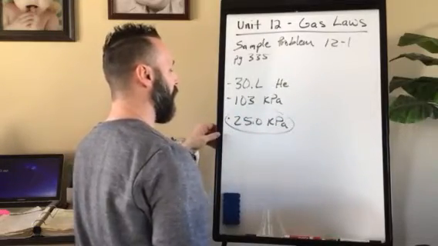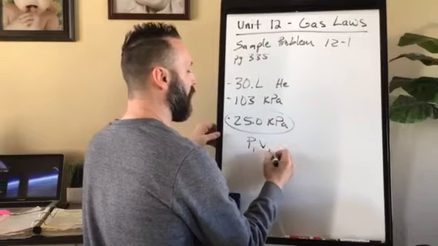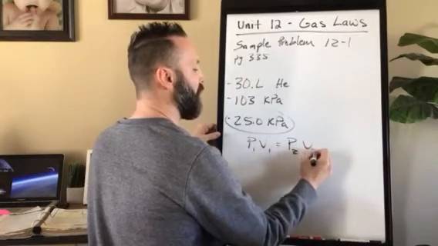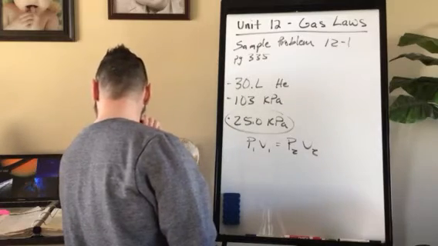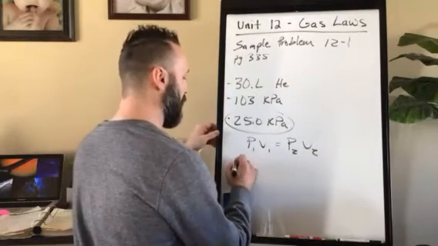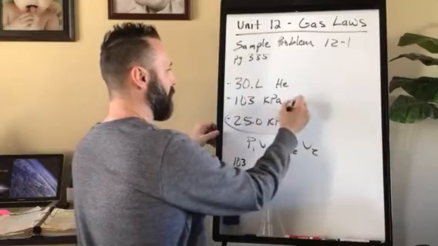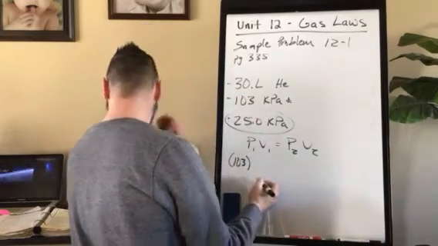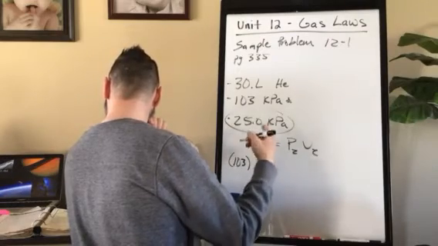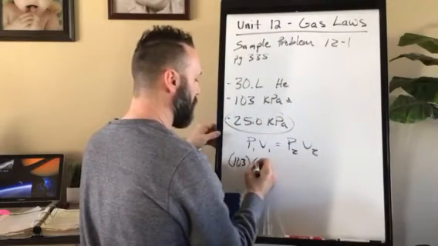Okay, so we start with P1 V1 equals P2 V2, and our pressure of 1 is going to be 103 kilopascals. Our volume of 1 is going to be 30 liters.